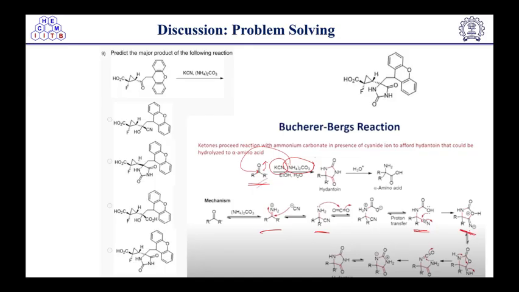We'll get this type of intermediate here, and then proton transfer will take place here to get the intermediate this way. So proton is getting transferred from here. Okay, after this one what will be the next thing? This nitrogen lone pair will push electron here and it will get open. Okay, so we'll get this open.